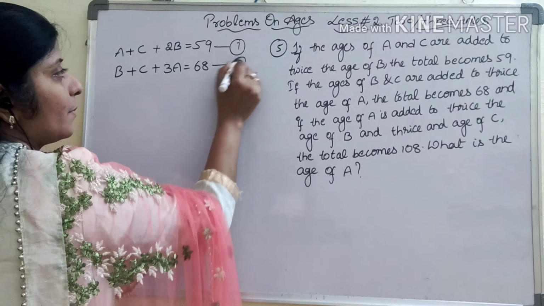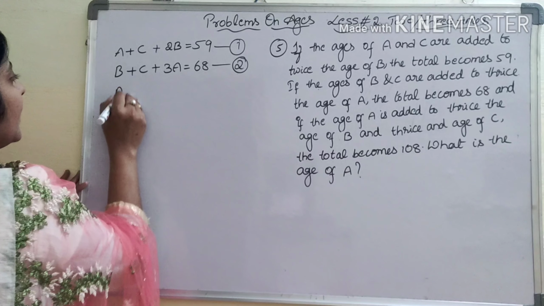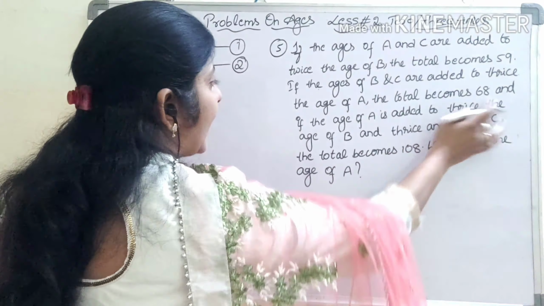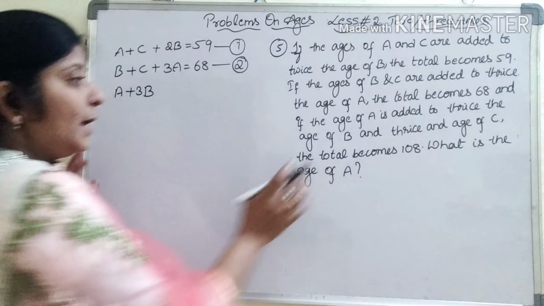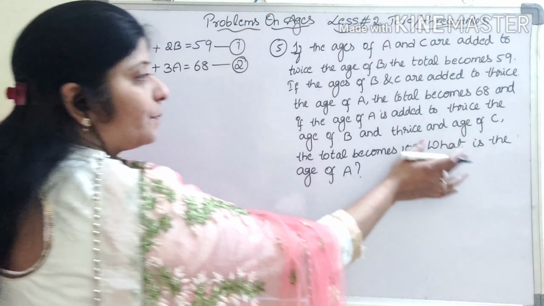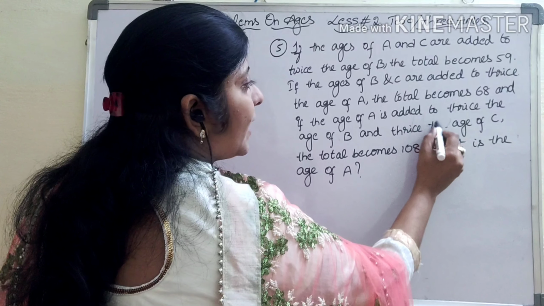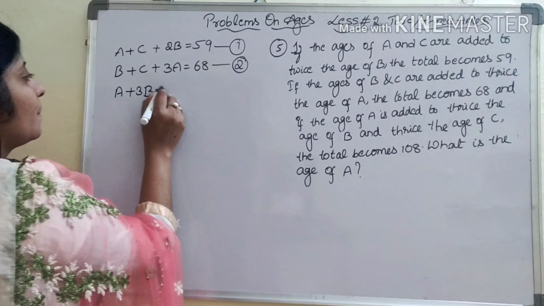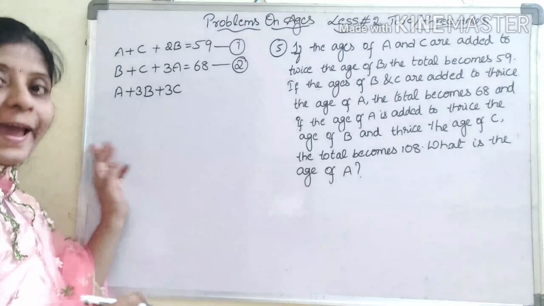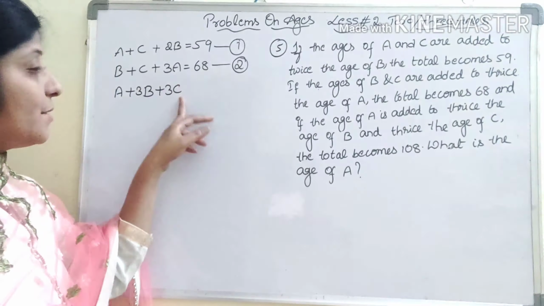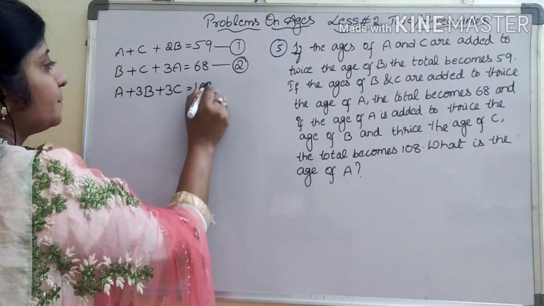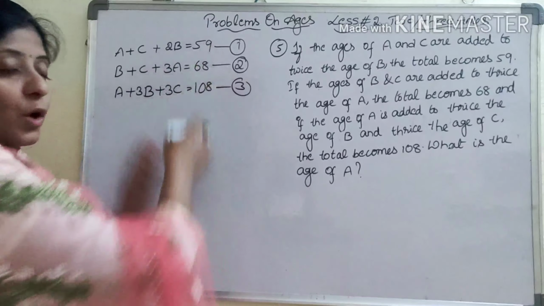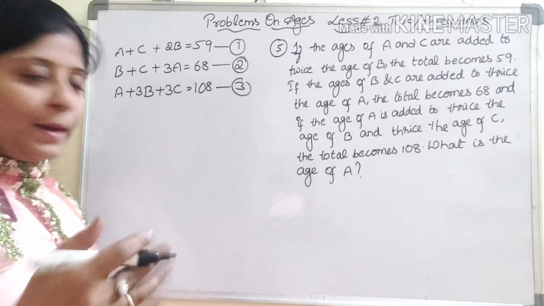Now let us go further, and if the age of A is added to thrice the age of B and thrice the age of C, A added to thrice of B and thrice of C, then the total becomes 108. Now we have to solve these 3 equations to find A, B and C.